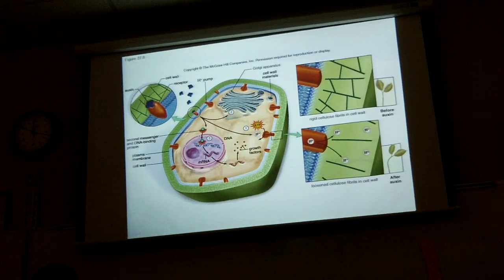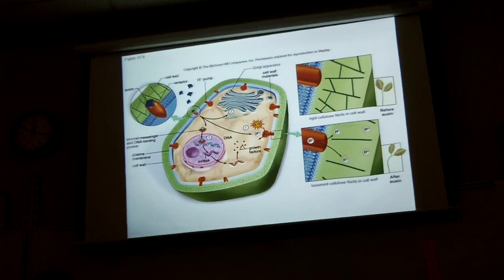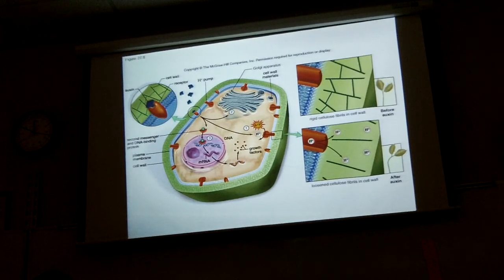It shows at the bottom what goes on. Trying to see if this is. I don't see it anywhere.